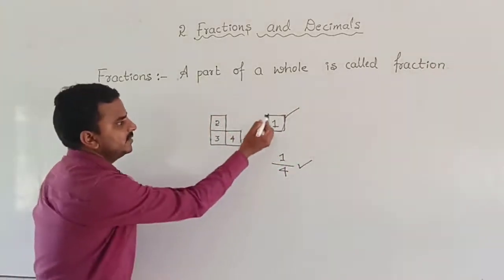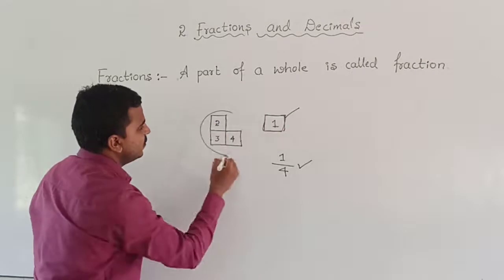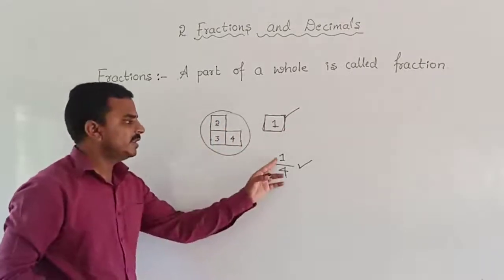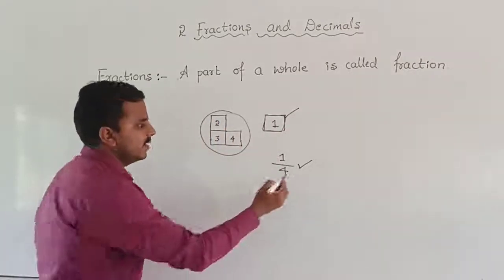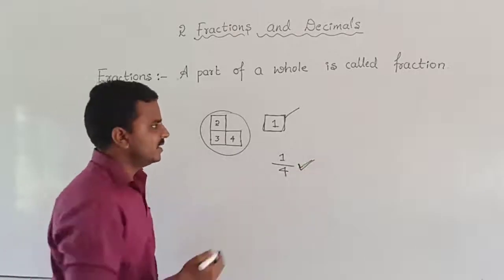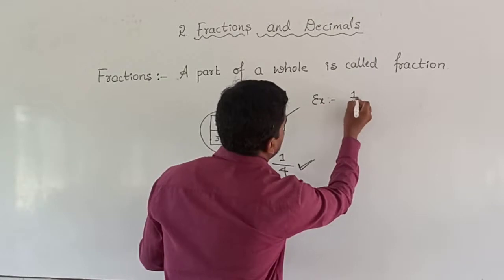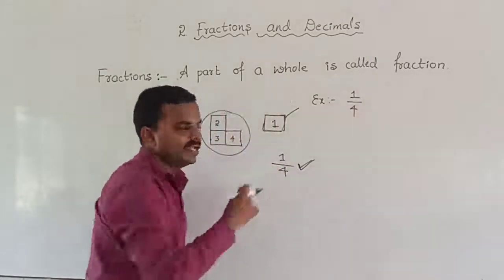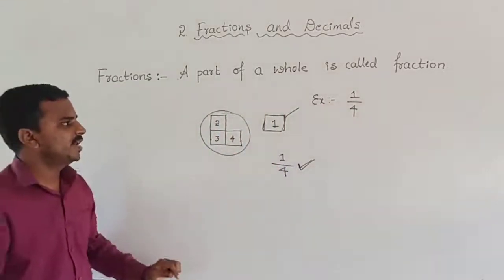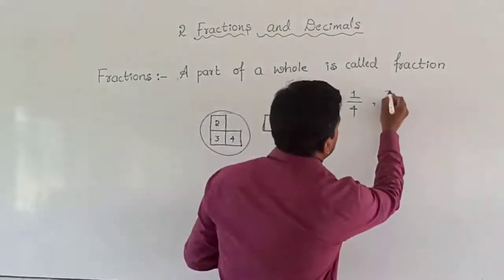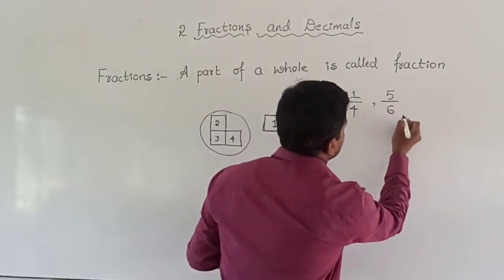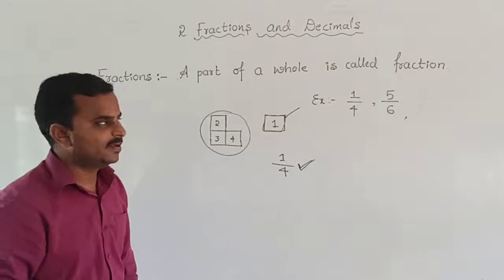See this example. This is a part of this whole, which can be written as 1 by 4. This is called a fraction. Some more examples you can write. 1 by 4 is an example of a fraction, and 5 by 6 is also an example.